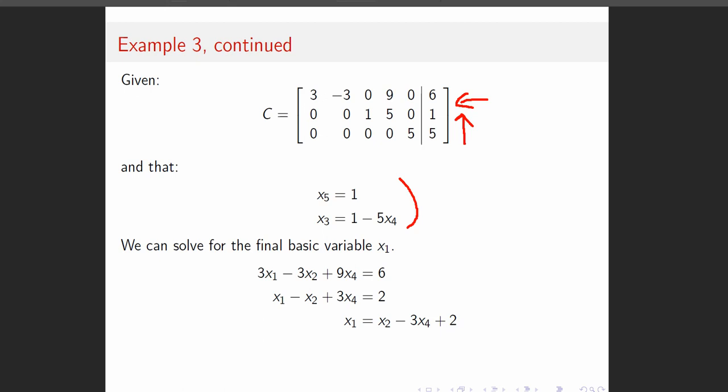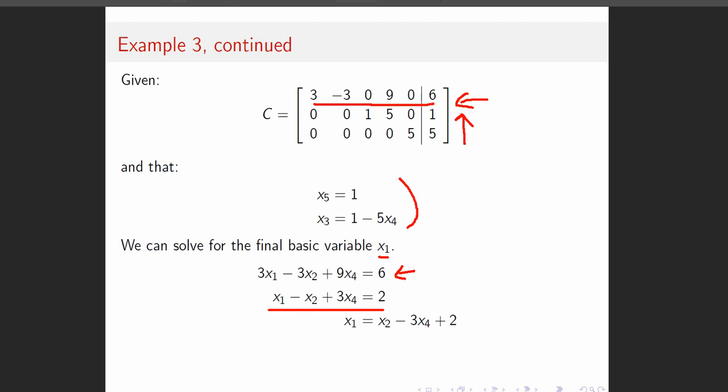And so the final basic variable we have is x sub 1, and we have this big equation 3x sub 1 minus 3x sub 2 plus 9x sub 4 equals 6. And we can divide through by 3. Every single one of the coefficients in this equation is divisible by 3.